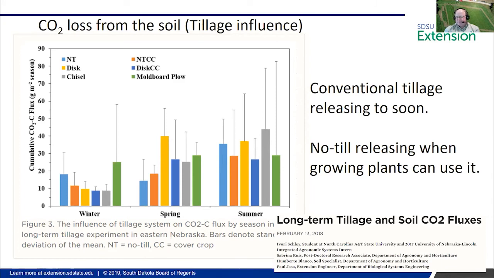That's what is important about that graph. Higher for the tillage in the spring when the crops are small and it's just escaping into the atmosphere. It's risen in the no-till in the summer when the crops are growing, so the crops can hopefully capture that.